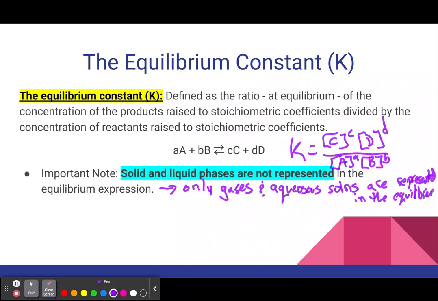Super important there, guys, because if we saw a solid or a liquid, I would no longer include it in this expression.